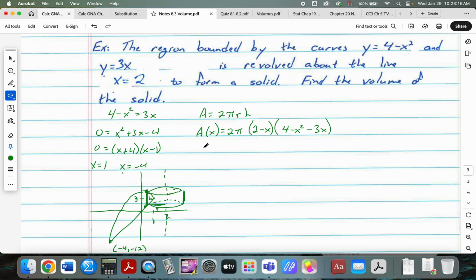So then the volume will be, I'll factor out the 2 pi times the integral. Everything's in terms of x, so my limits of integration will be in terms of x also. So this will be from -4 to 1.